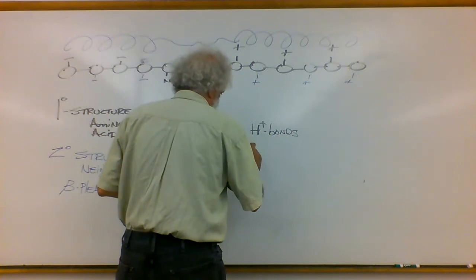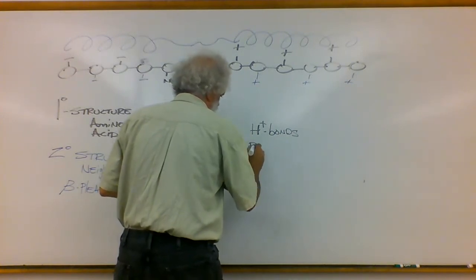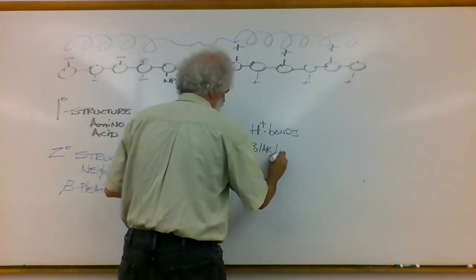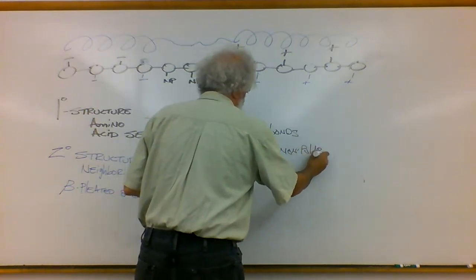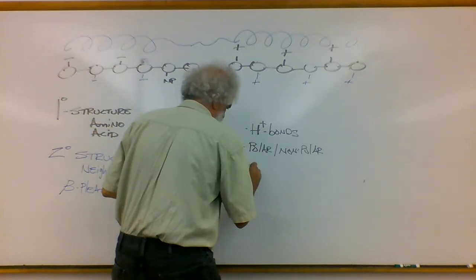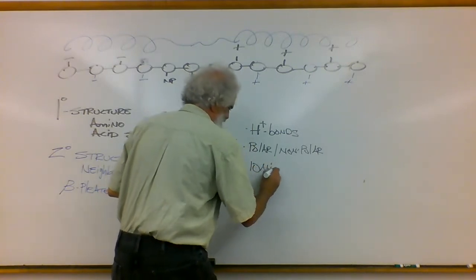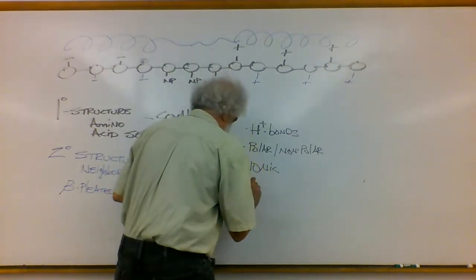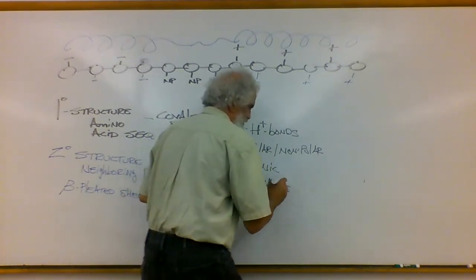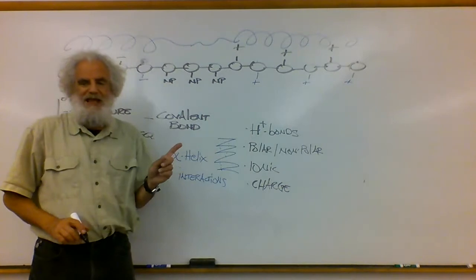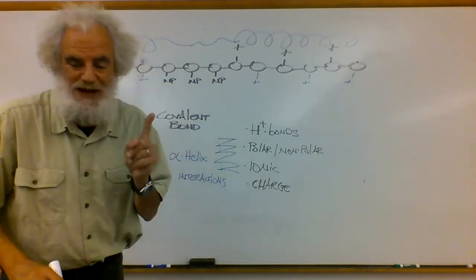They're going to be polar, non-polar interactions. They're going to be ionic interactions, just simple sort of staticky type charge interactions. What they're going to be is really weak bonds.